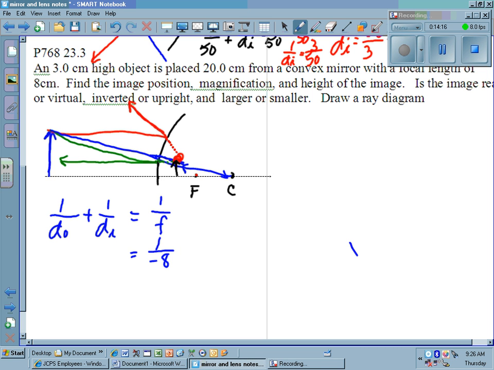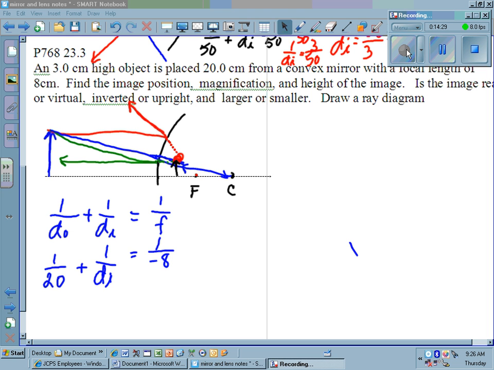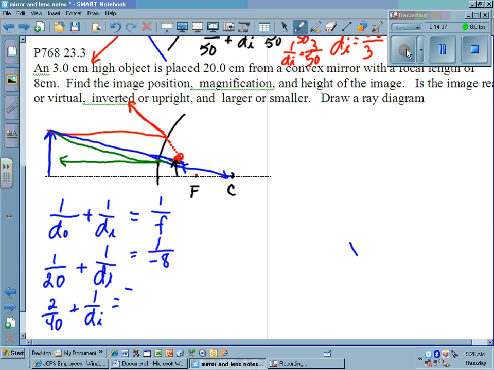The object is placed 20 centimeters from, so the object is 1 over 20. And the image distance is what we are trying to find. So our common denominator is going to be 40, so this is going to be a 2 over 40 plus a 1 over di equals a negative 5 over 40.